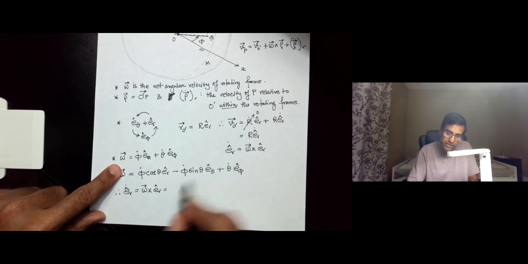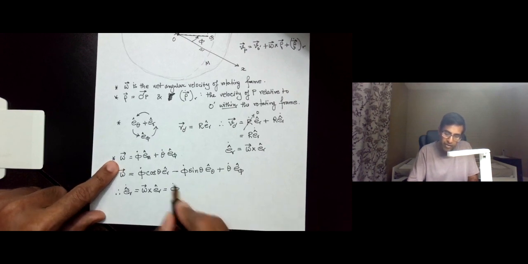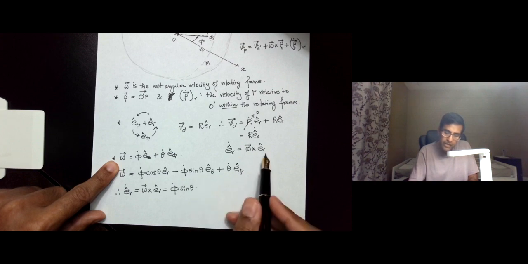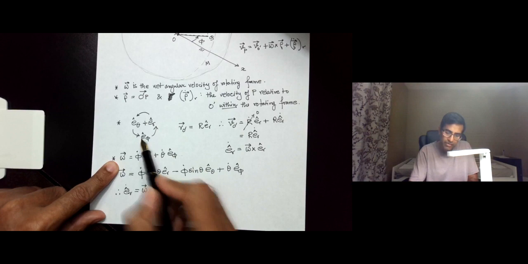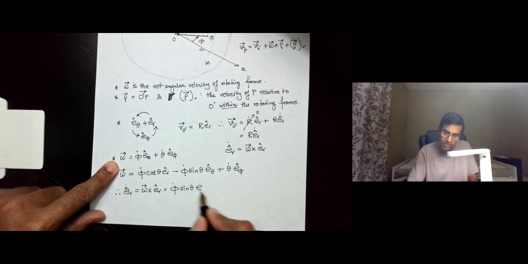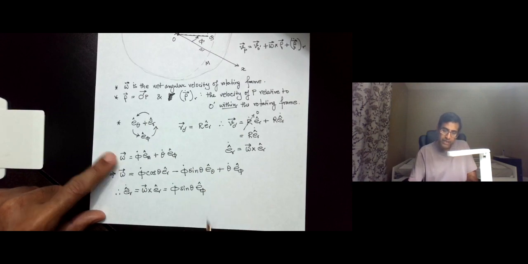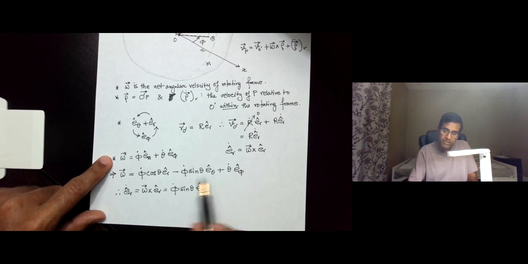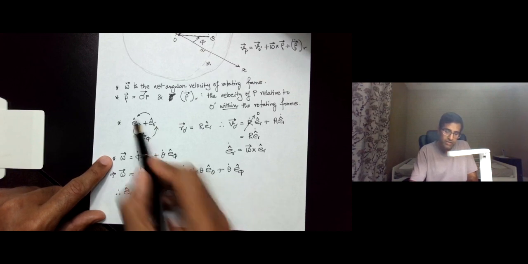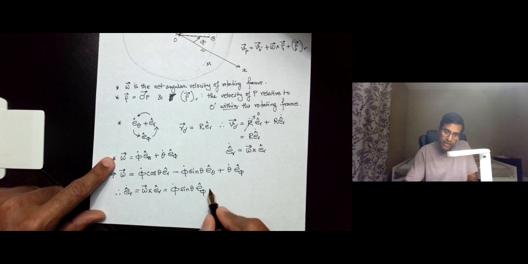So then when we take this cross product, we have phi dot sine theta, this is going to be E theta cross ER. So E theta cross ER is negative E phi. Okay, so we have that. And then we have E phi cross ER. So E phi cross ER is going to give us E theta. So we'll have plus theta dot E theta.